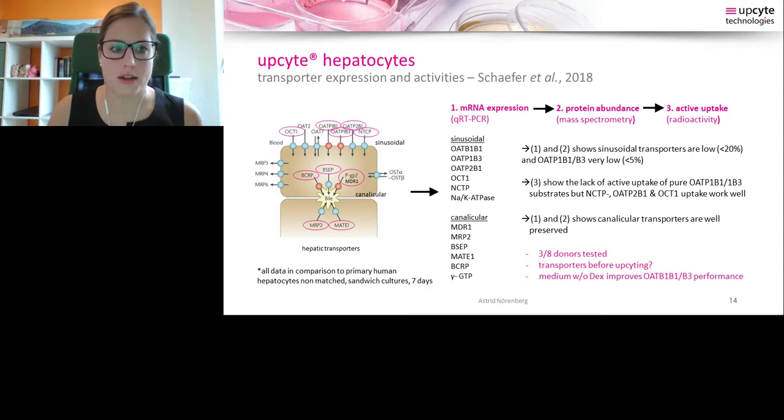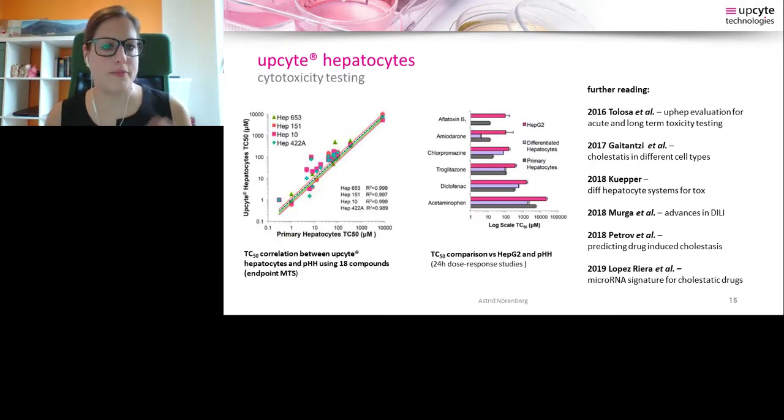When you look at toxicity testing, I put a summary slide together here because we have quite a few publications. We have comparisons of the upcyte hepatocytes to primary human hepatocytes, but also HepG2, for different endpoints such as ATP and MTS, and also 24 hours dosing as well as 1 week dosing.